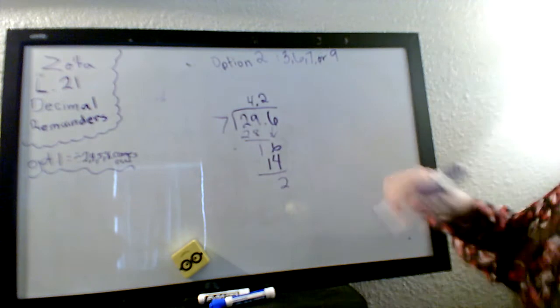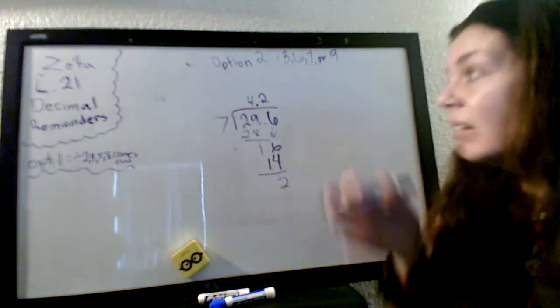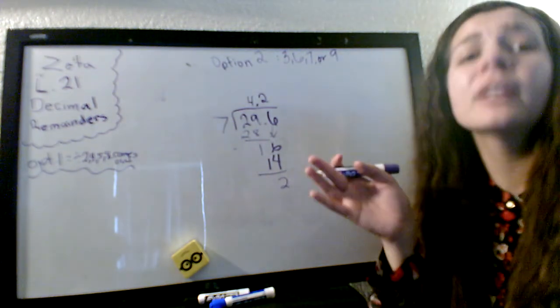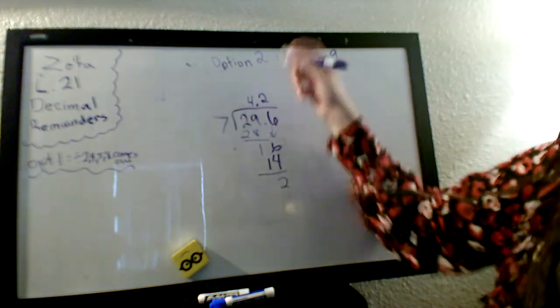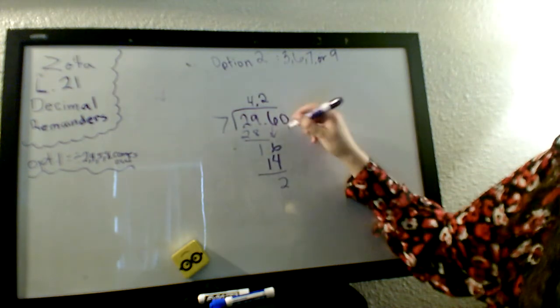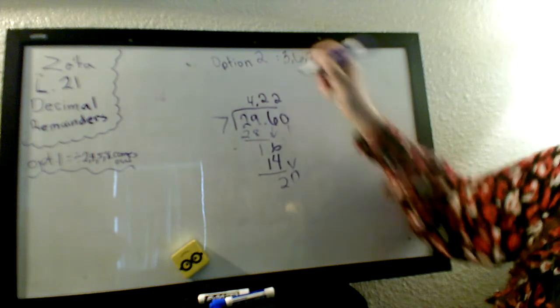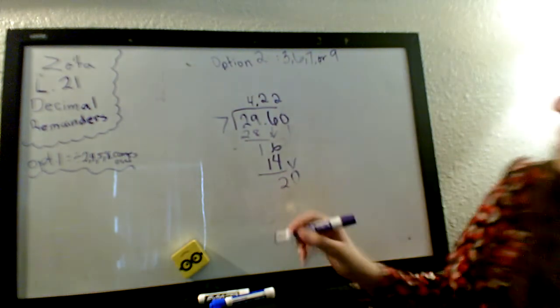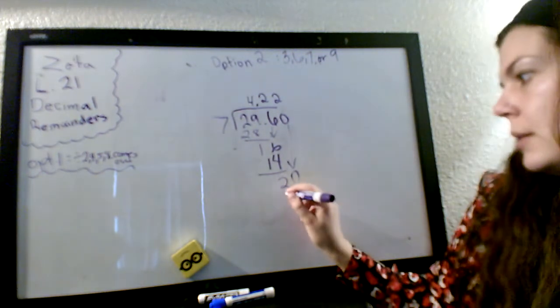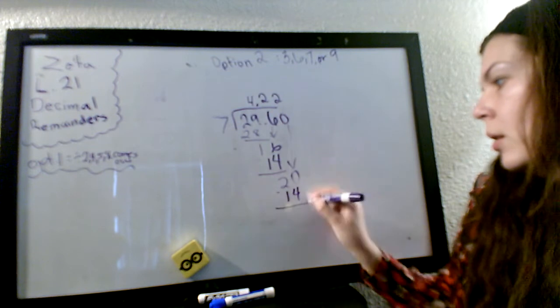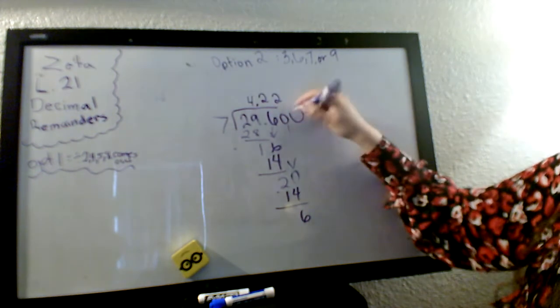Now, let's just see what happens if Miss Heather keeps going for just a little bit. Okay, I've got my 0 here I can add. 0. This is 2. Because 7 times 3 is 21, so that's not enough. So 14, 6. Add my other 0.